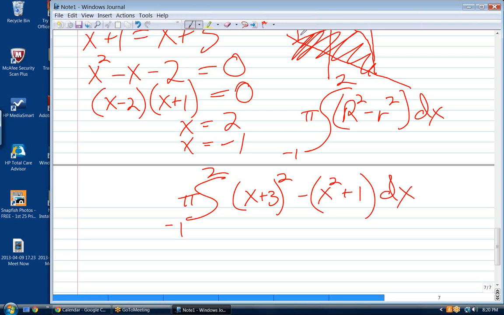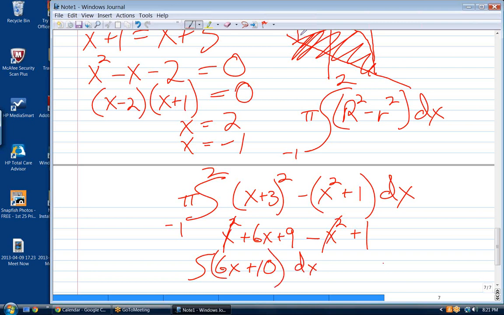Now, integrating this is actually going to be a piece of cake, because when I square this, it's very easy to integrate stuff that's being added and subtracted. It's just hard to integrate stuff that's being multiplied. So I want to multiply this out. Notice the x squareds go away, and I'm left with integrating 6x plus 10 dx.